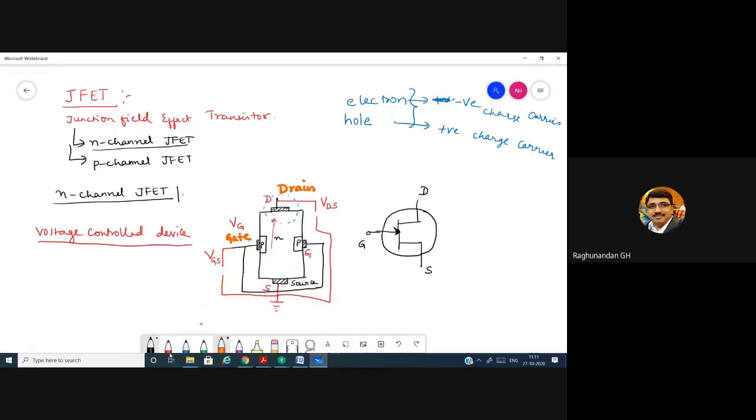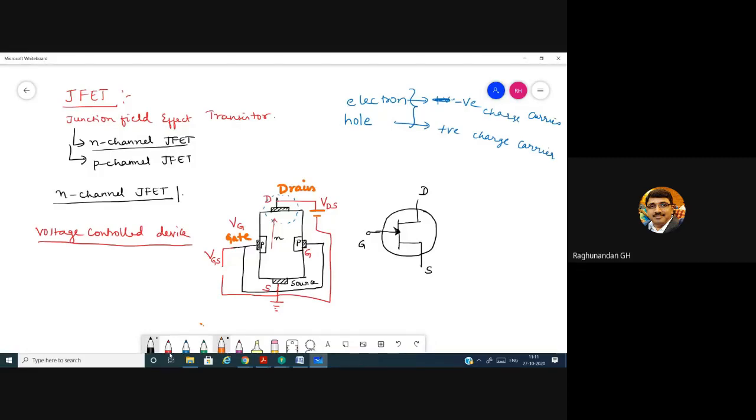Positive, sir. Yes, we need to give positive potential. When this is positive potential, then all the negative charges will get attracted towards this drain, right? So this drain should be at a positive potential.